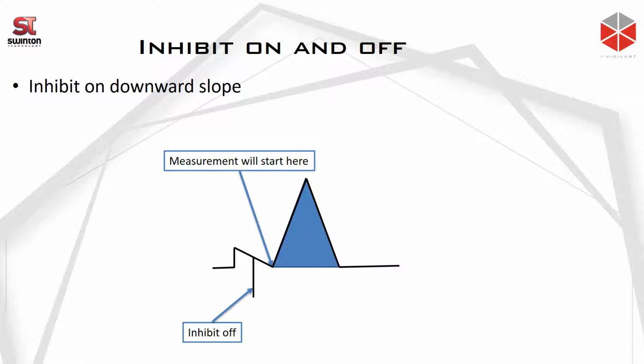The other thing is that sometimes you have a valve upset that looks something like that. If we have something like that, always inhibit on the downward slope. If you inhibit on the downward slope, anything that happens after the inhibit off will not be detected until the GC decides to start the measurement, which we call an integration on. So the measurement will start when the GC decides that it's time to start the measurement.